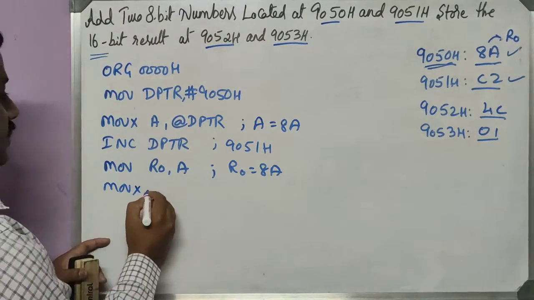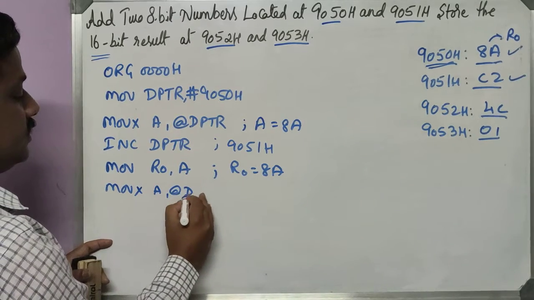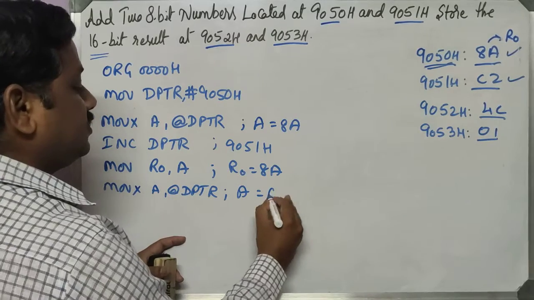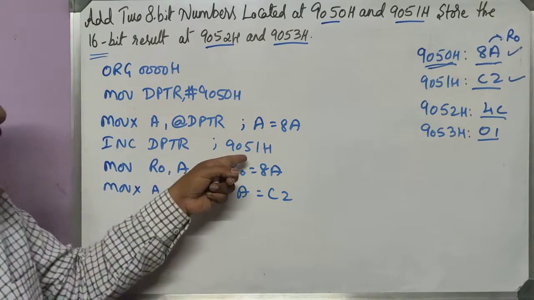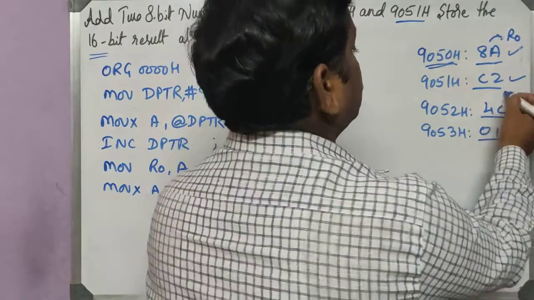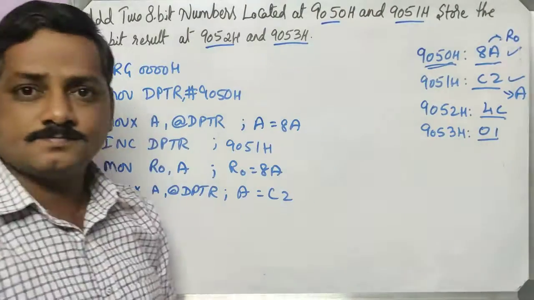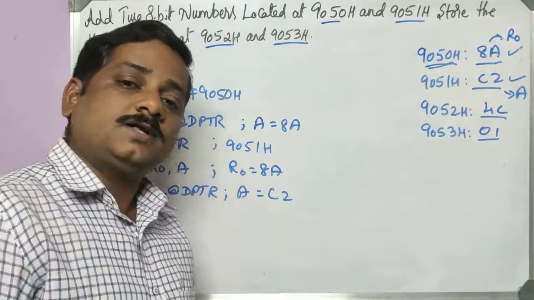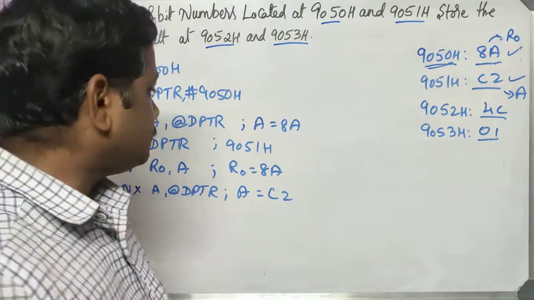So you should use MOVX A comma @DPTR. Here accumulator will get C2, because DPTR is incremented to 9051, and at 9051 I have C2, and this is given to accumulator. So this is how the data has to be taken into accumulator and an 8-bit register.